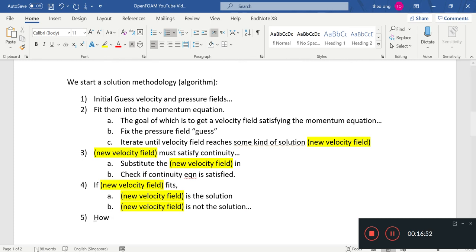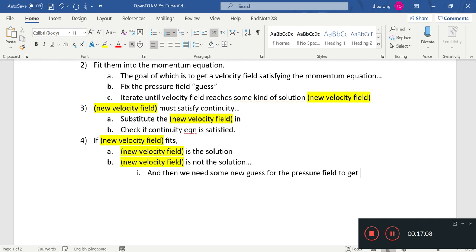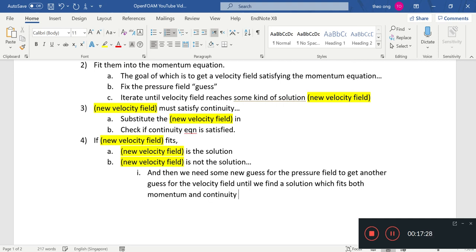We need some form of new guess, some new guess for the pressure field to get another guess for the velocity field, until we find a solution which fits both the momentum and continuity equations.